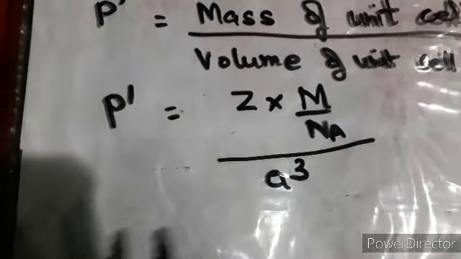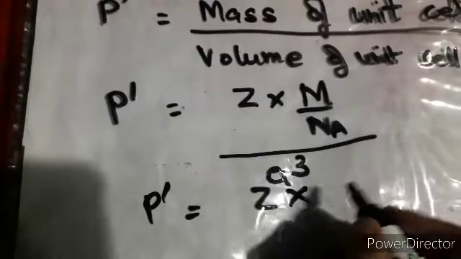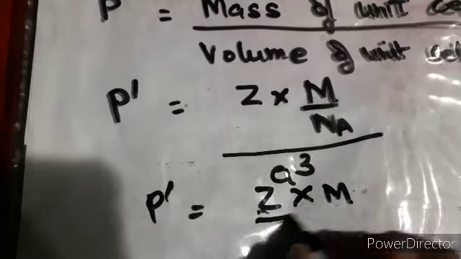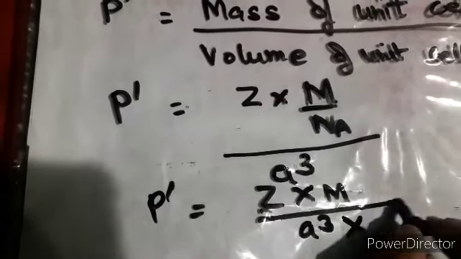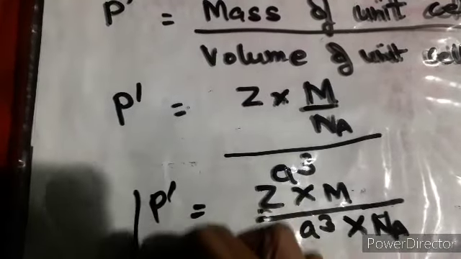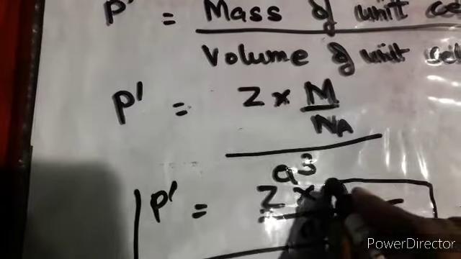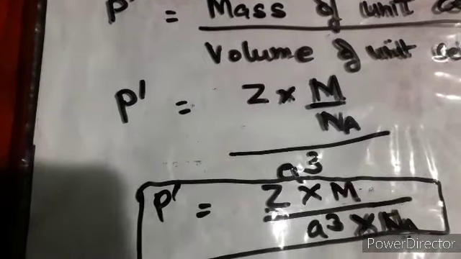So this way we get the formula, and it can be changed in this manner: Z into M upon a cube into Na. Na is in the fraction part now, so it will come down. So this is your formula basically, right? So this way we can get them.